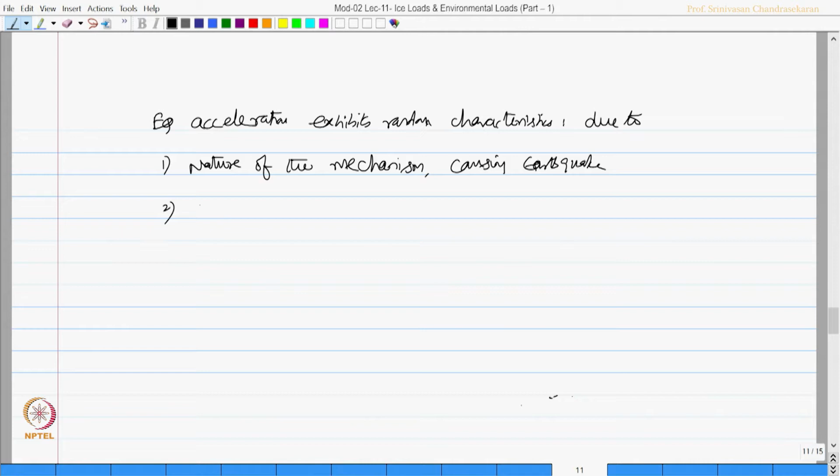It can be due to wave propagation. It can be also due to reflection, and further can be due to deflection.